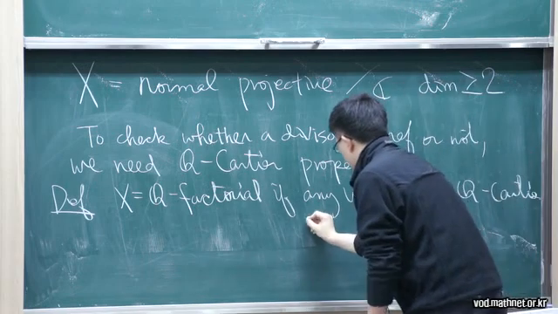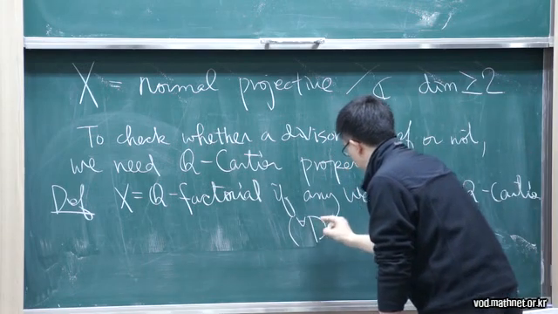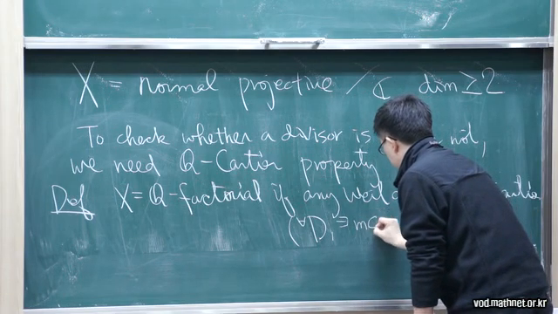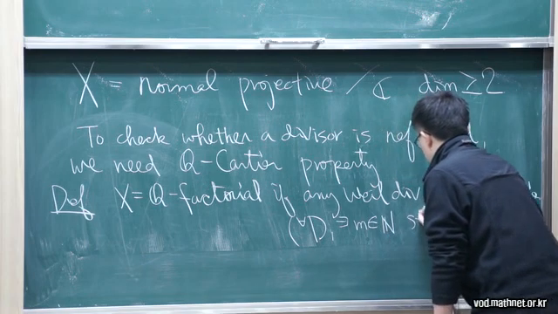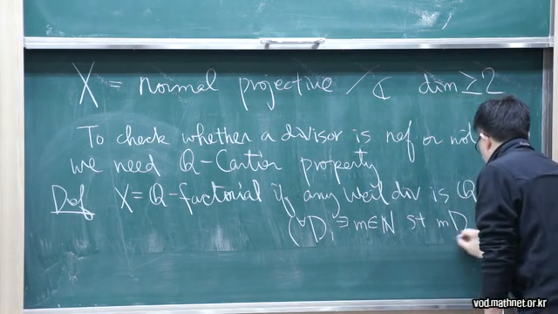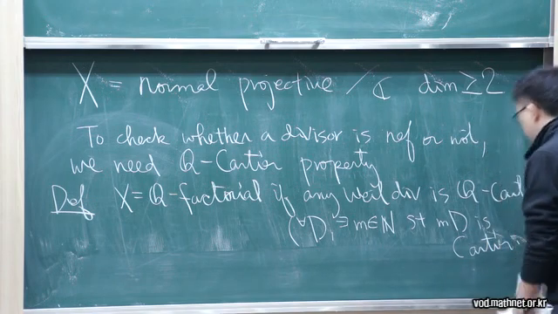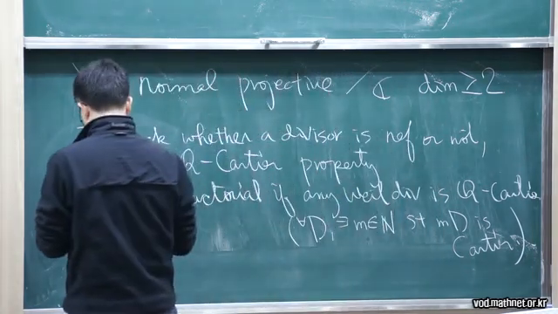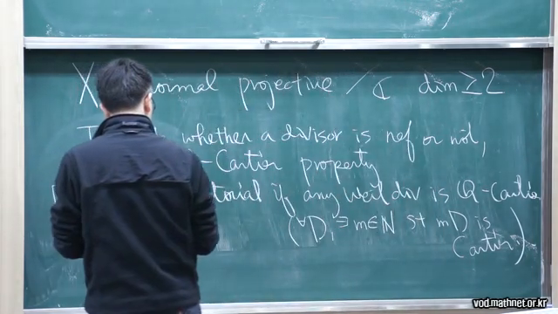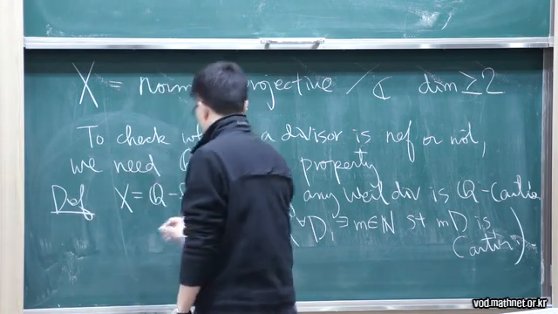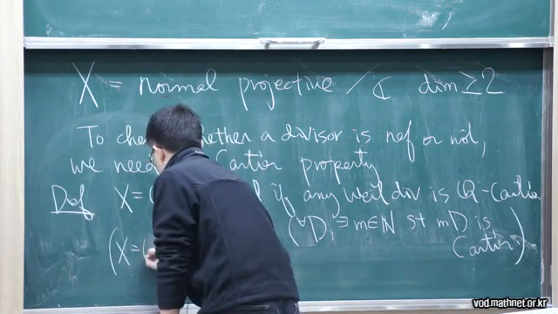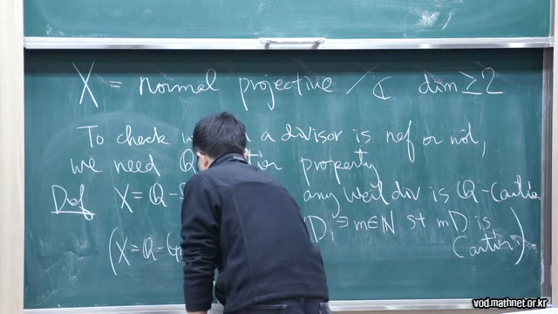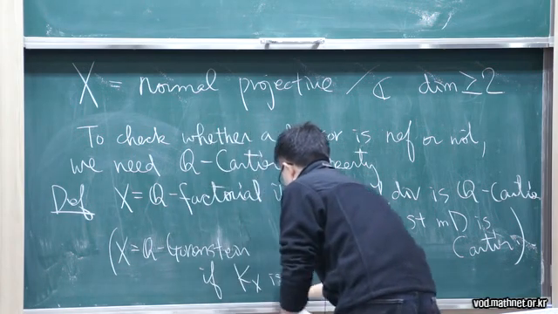So this means if you have a divisor D, for any Weil divisor D, there exists m such that mD is Cartier. And Q-Gorenstein means, we will not use this, but Q-Gorenstein if K_X is Q-Cartier.